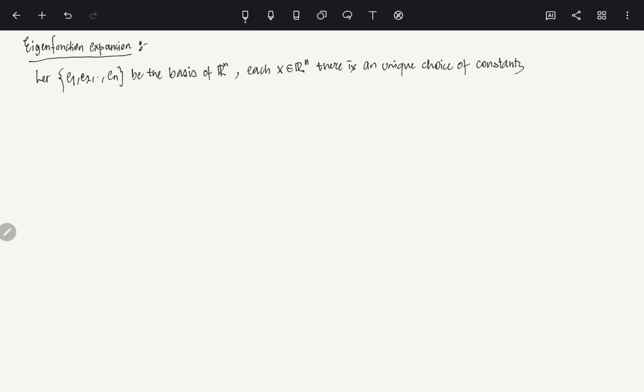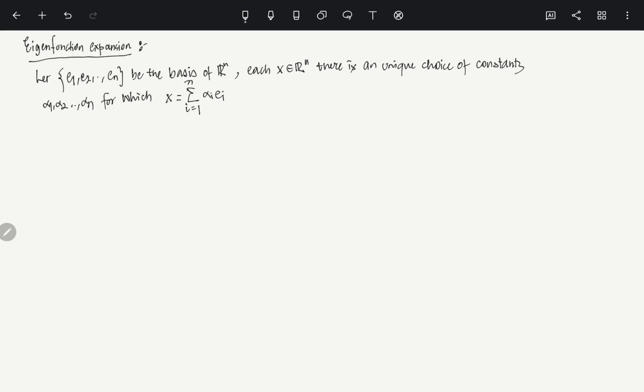What are the constants? Alpha 1, alpha 2, ... alpha n, for which x equals summation i equals 1 to n alpha i ei. Is it okay? I can write it like this.